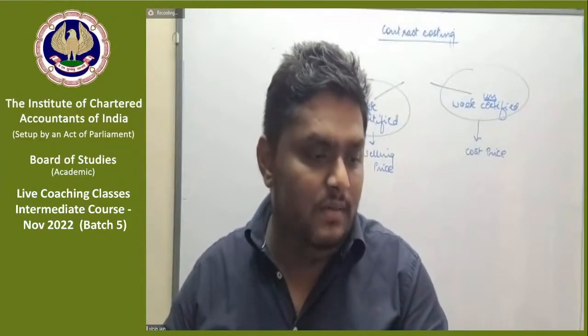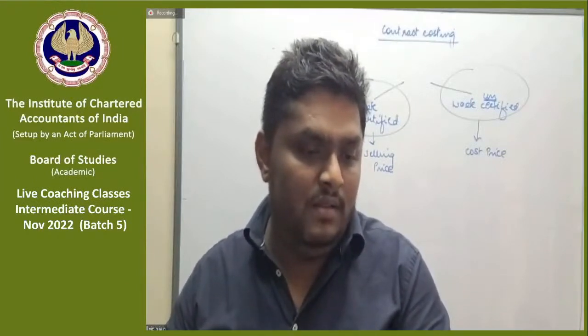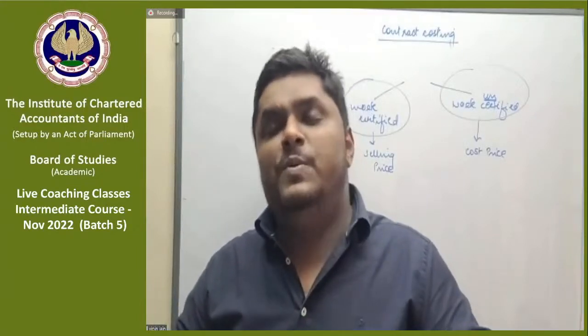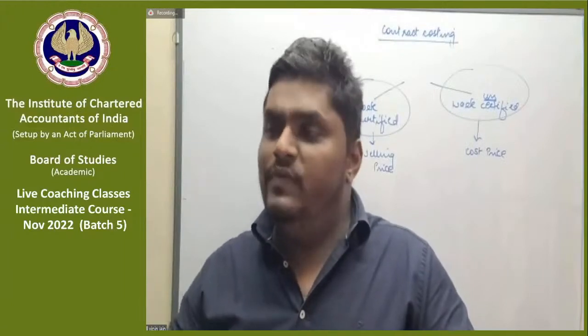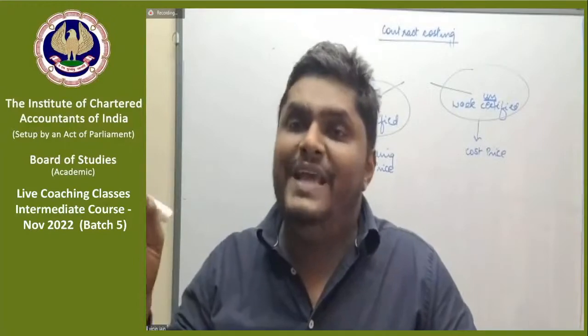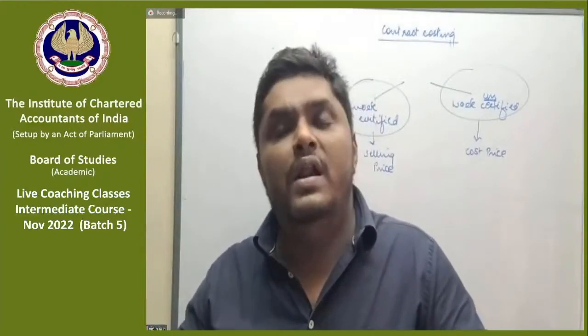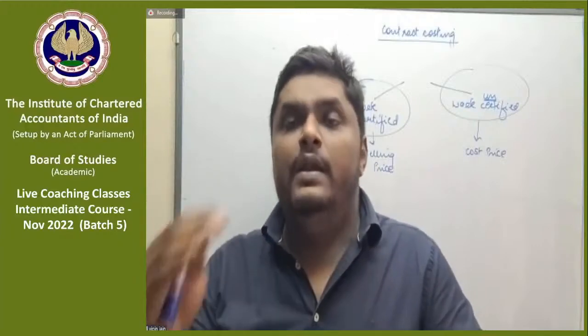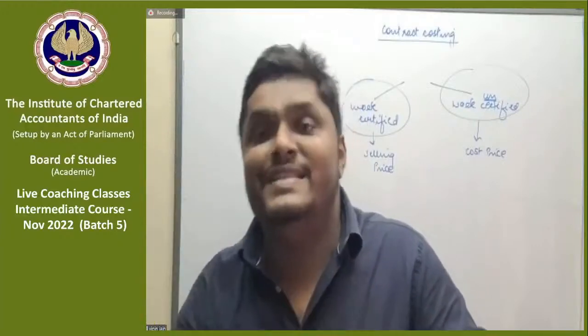No worries, dear Mr. Jalan. So now let's proceed further. So we have discussed contractor, contractee, contract price, work certified, work uncertified, retention money, and progress payment. Now let's start with a new point, that is escalation clause.